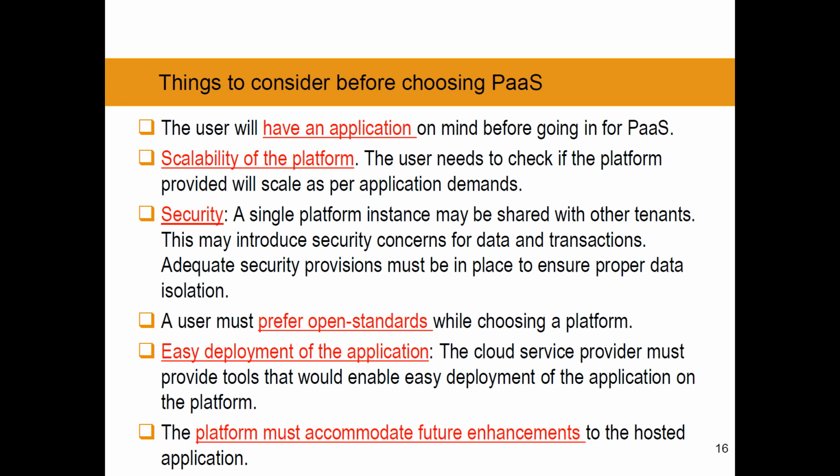For example, you are choosing the .NET environment, or the web server environment, which is actually also shared with other tenants. So how can your data on that same server be isolated securely? This is the thing. Ensure proper data isolation.